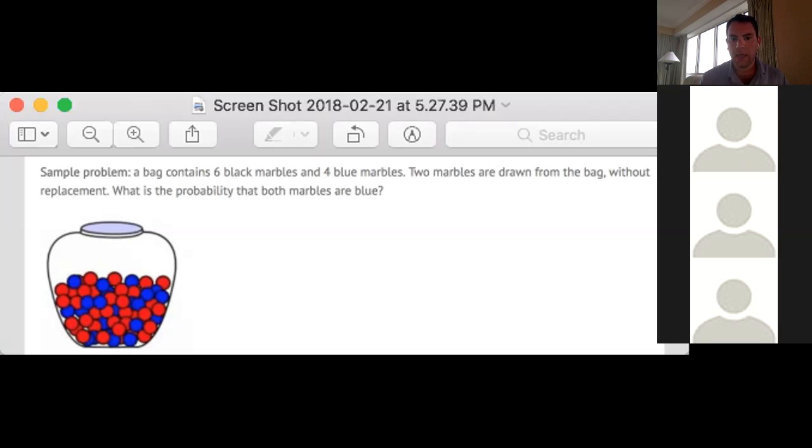Which is to say, is the outcome of the first event going to affect the probability of the second event? Are they independent events or are they dependent events? They're dependent events, right? And is it clear why they're dependent events here?